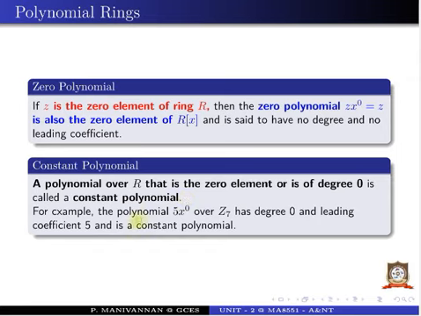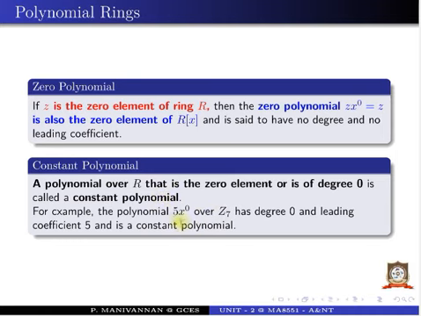For example, 5x power 0 over Z7 has degree 0. The leading coefficient is 5. It is a constant polynomial. Here 5 is not the zero element of Z7, so it is called a constant polynomial.